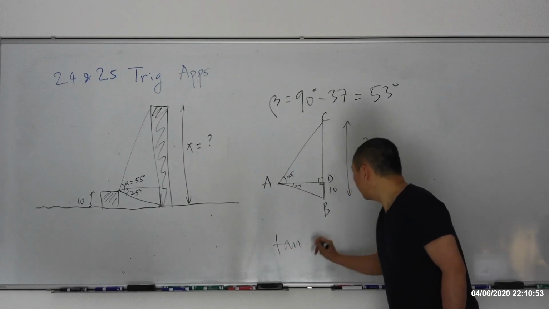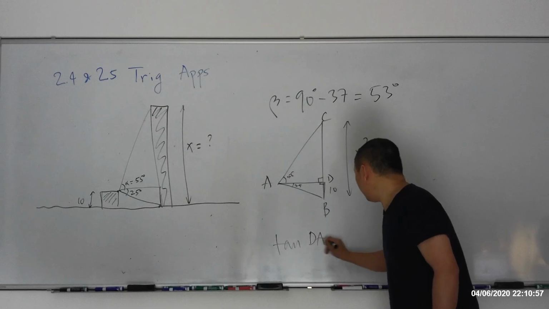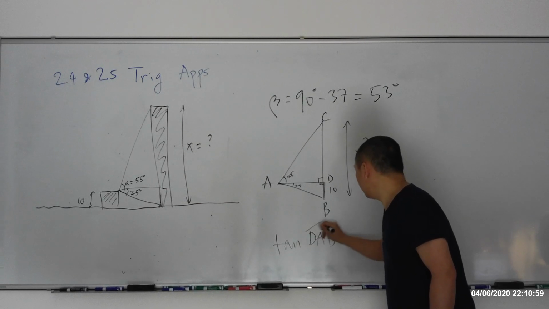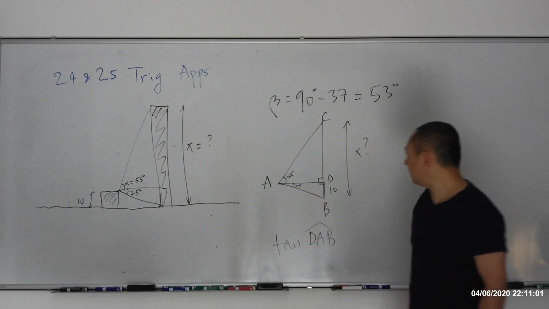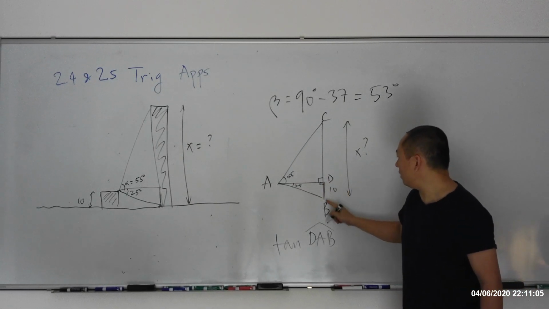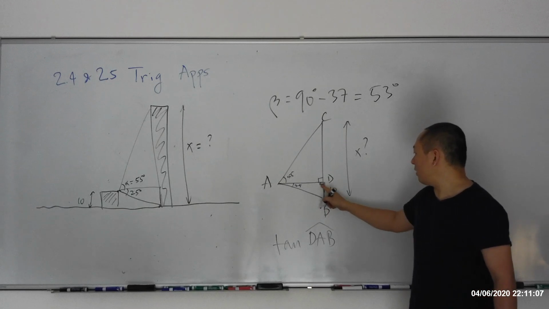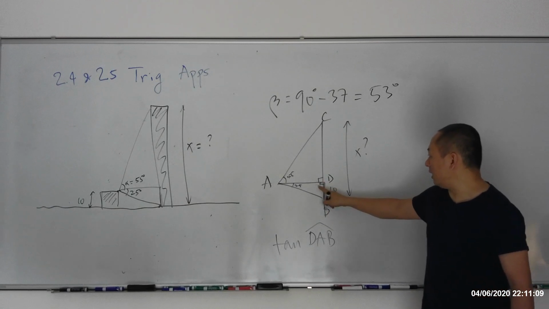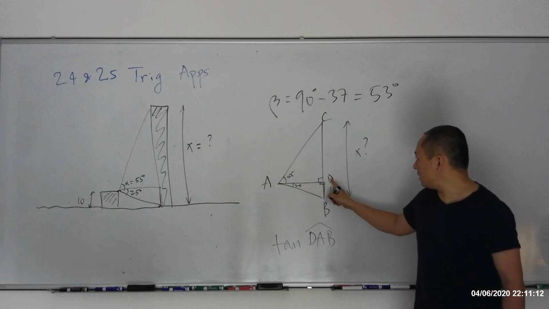Tangent of the angle DAB. Tangent of that angle right there. And keep in mind this triangle DAB is a right triangle, 90 degree angle at D, right? So the angle 25 right here is DAB.